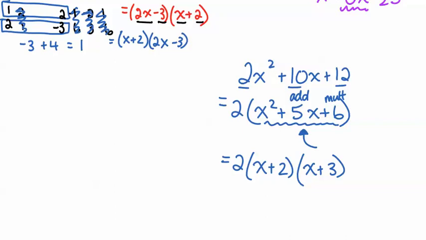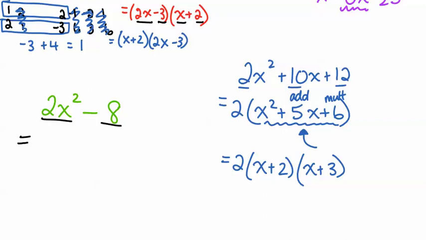I could also do that to a difference of squares. I could say 2x squared minus 8. And you're like, oh my gosh, that looks like a difference of squares, but like I can't square root the 8. Weird. And then you think to yourself, oh yeah, I'm supposed to check for common factoring first.